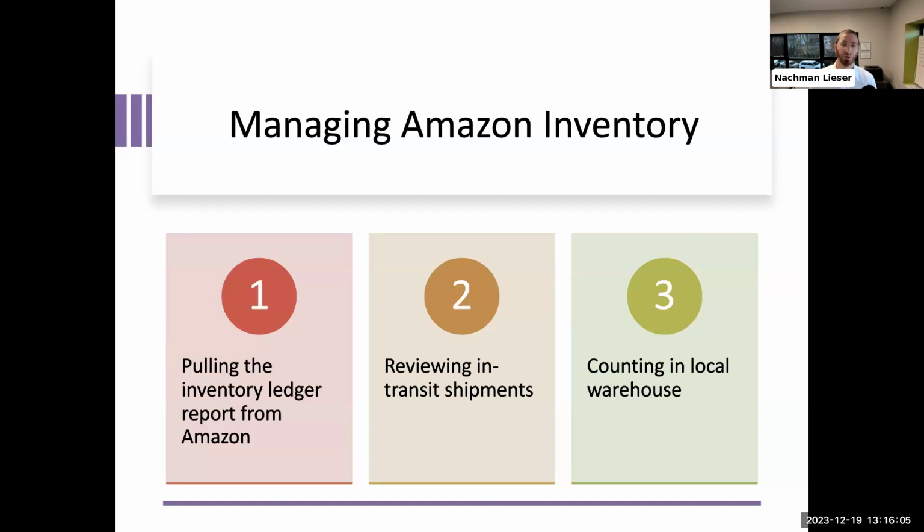When I pull my ledger report, it will show what's actually in Amazon's warehouse. Let's say they tell me there are 10,000 units, which already includes the 500 from the 1,000 that I shipped. So I need to know that the other 500 need to be included in transit.